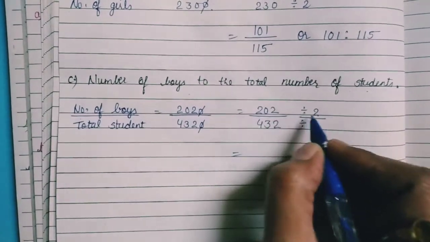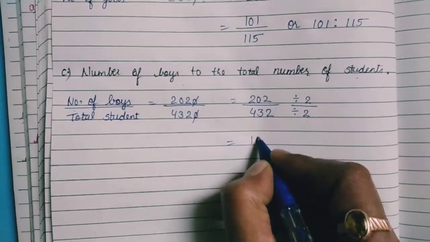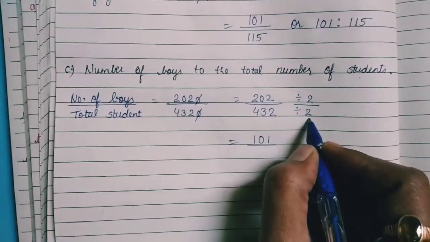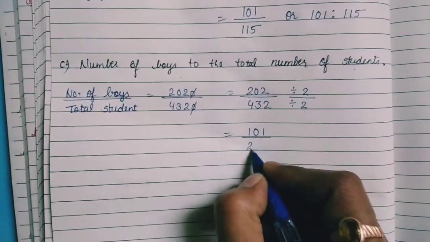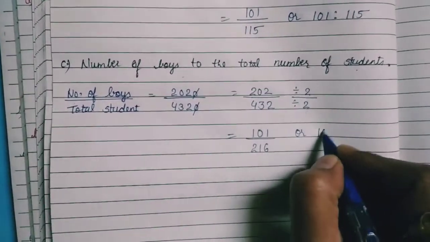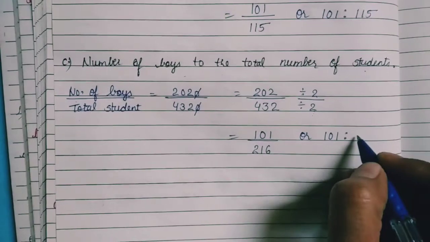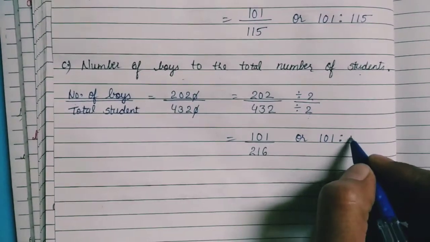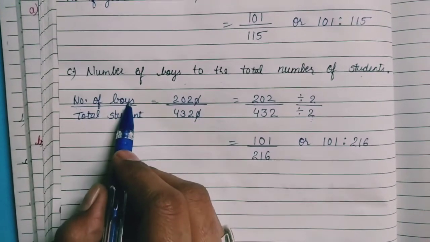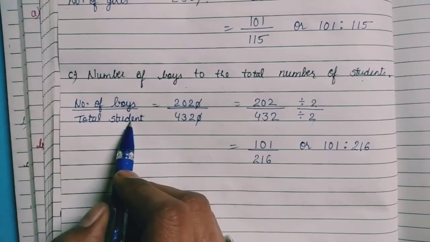So when 202 will divide by 2, we have 101, and when 432 will divide by 2, we have 216. So 101:216 is the ratio of the number of boys to the total number of students.